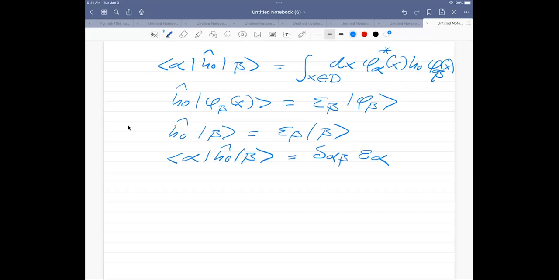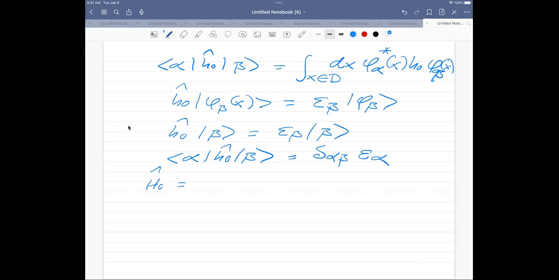In this specific case, if I have assumed that this basis, alpha and beta, is an eigenbasis of H0, then my operator H0 simplifies to just a sum over one of the variables.